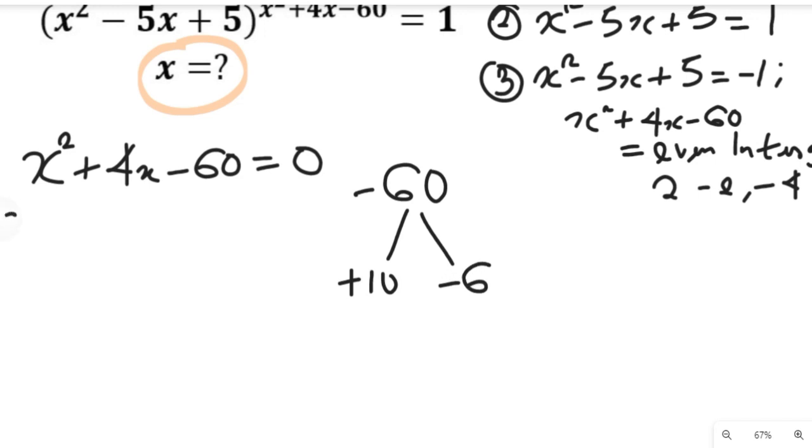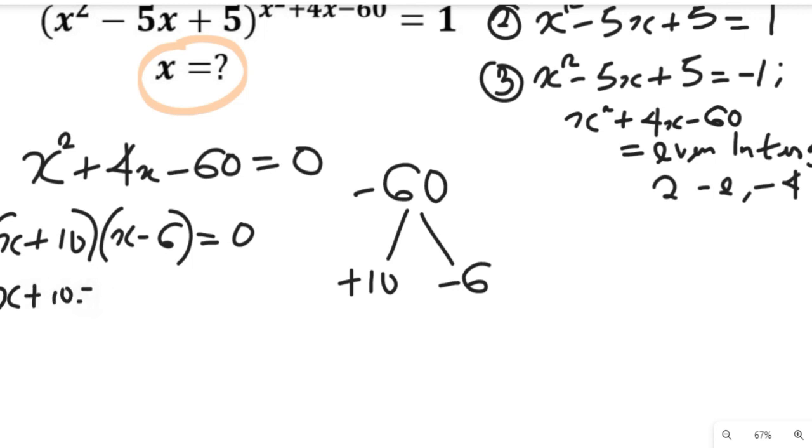Now, solving the quadratic equation, we have x plus 10 times x minus 6 equal to 0. From this equation, x plus 10 is equal to 0, or x minus 6 is equal to 0. From here, we see that x is equal to minus 10 and x is equal to 6.